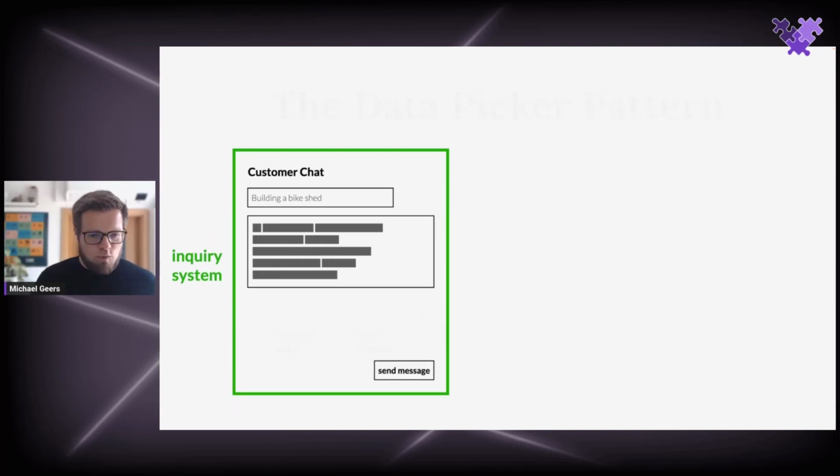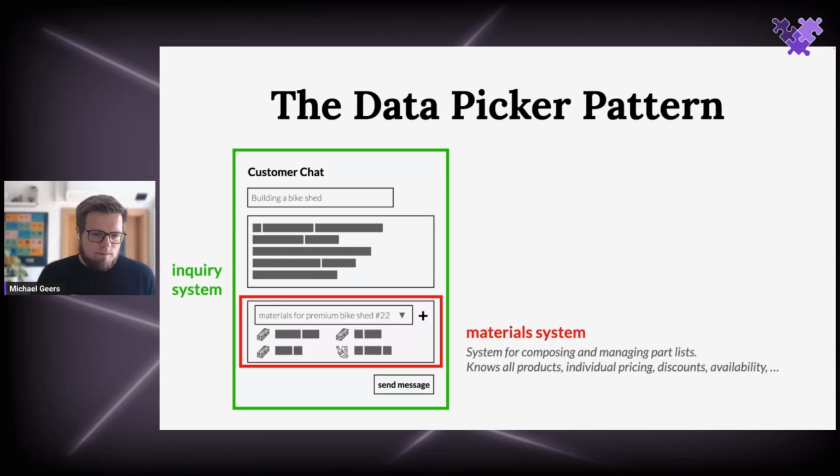Then at some point, we are in the e-commerce landscape, there was the requirement that along with written text, you should also be able to include lists of products. So if someone wants to build something, maybe there's a prepared list of materials you can use, and maybe also tools you would like to use. This was quite a complex feature because we had prepared lists and you could add products or change something, change dimensions. We also had to think about individual pricing and discounts and availability.